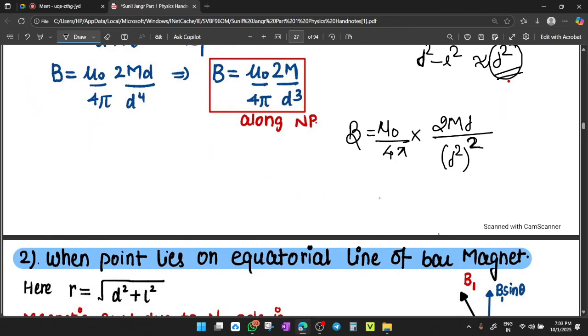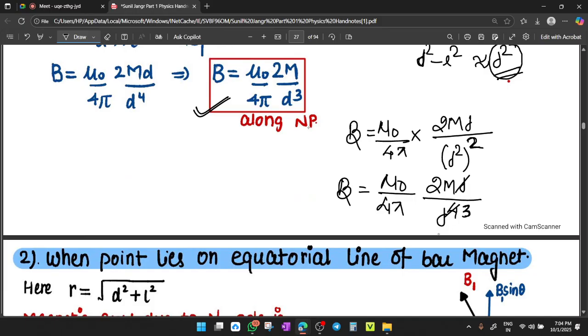So mu naught upon 4 pi, 2md divided by d to the power 4. The numerator has a single d and the denominator has d to the power 4, so one d cancels and d cube is left. The result is B equals mu naught upon 4 pi, 2m by d cube.